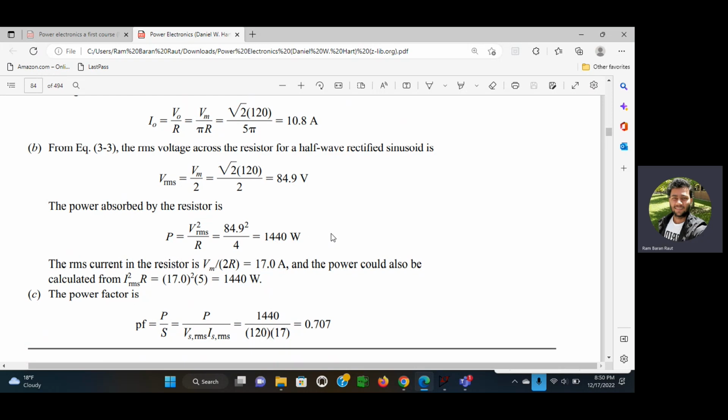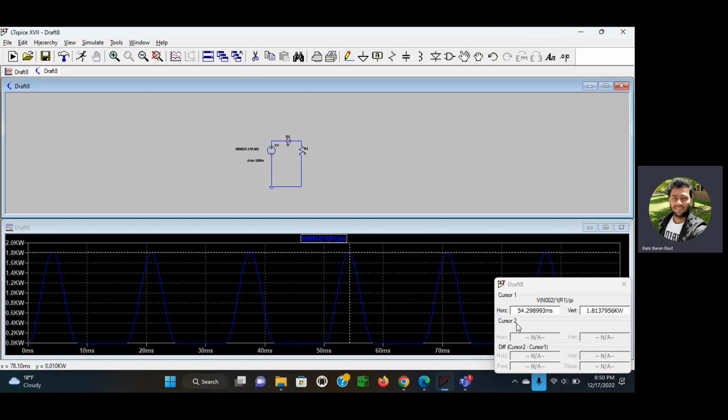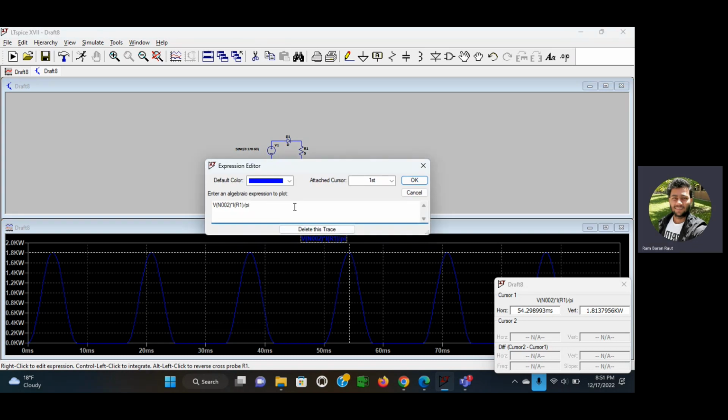So what we are getting is not correct. So then what we need to see over here for power. The power we are seeing over here is 1.8 kilowatt by dividing by this. Here, we need to divide by 2 pi, I mean, pi squared, to get that exact value.